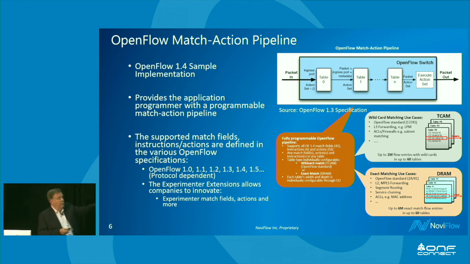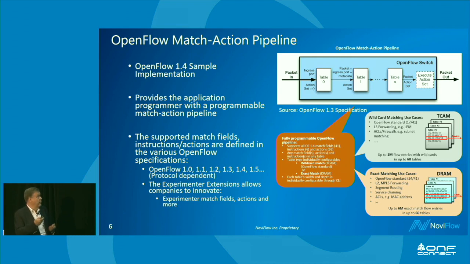We built a solution around network processors that allow the application programmer to define up to 60 tables in TCAM for wildcard matching, and up to 60 tables in DRAM for exact match.